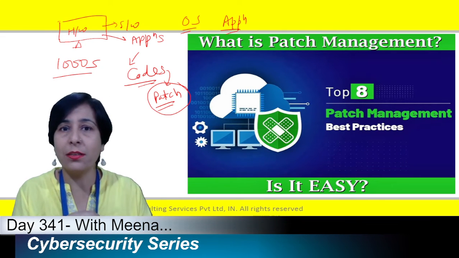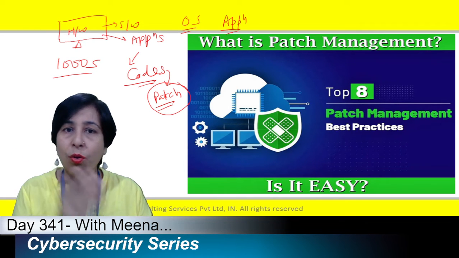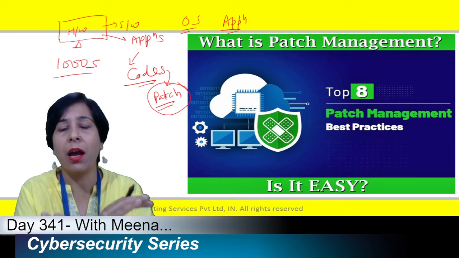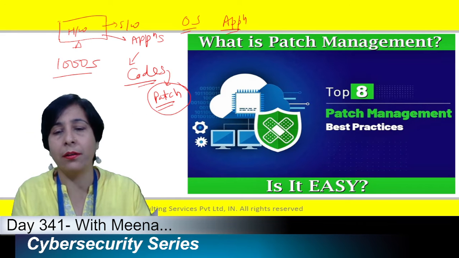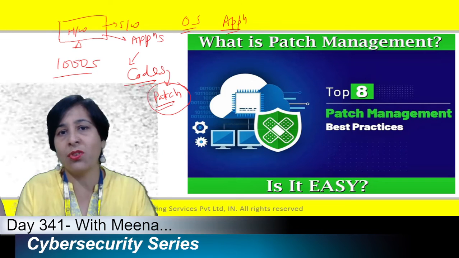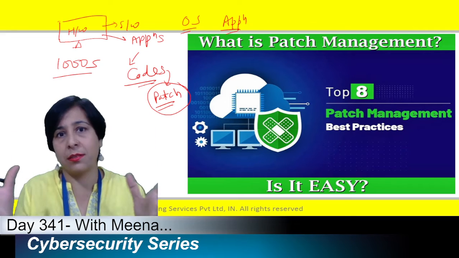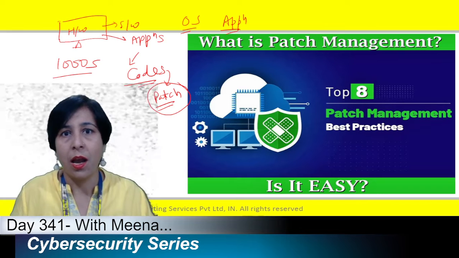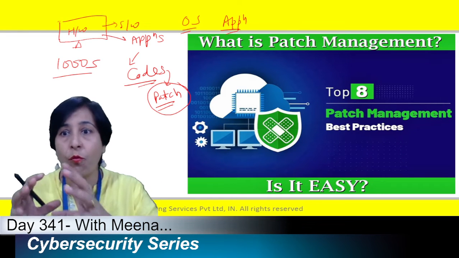whether that's end devices, networking devices like routers and switches, or security devices like firewalls, IPS, IDS, VPN concentrators. Now just open up your mind: thousands of devices, with an OS running on each, and applications running on those thousands of devices. And the patches don't come from one vendor.